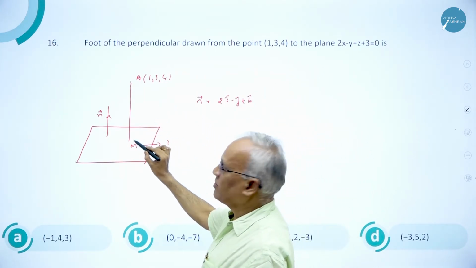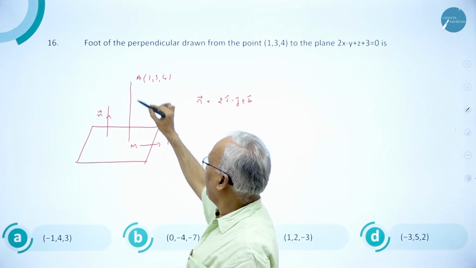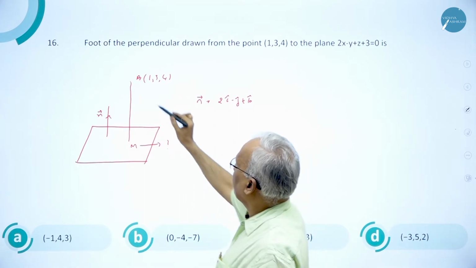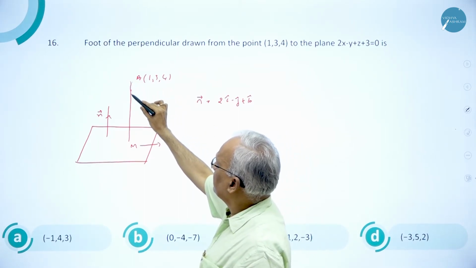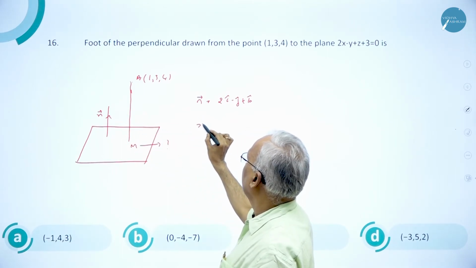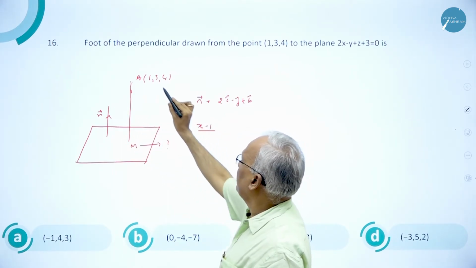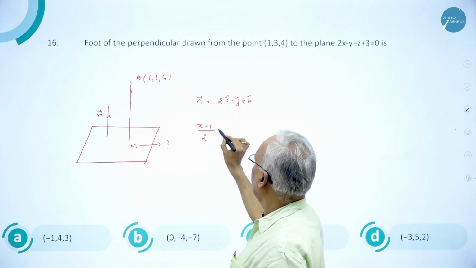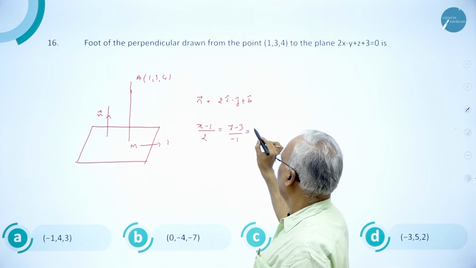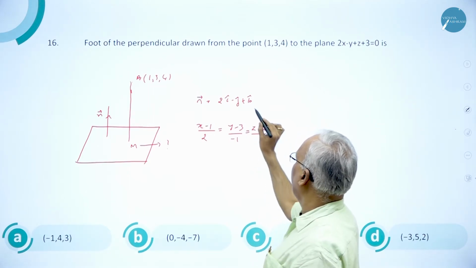So when m is foot of the perpendicular, you know AM is parallel to n. Therefore, you can write the equation of this line through A and parallel to this. So what is the equation? It is x minus 1 divided by 2 equal to y minus 3 divided by minus 1 equal to z minus 4 divided by 1.